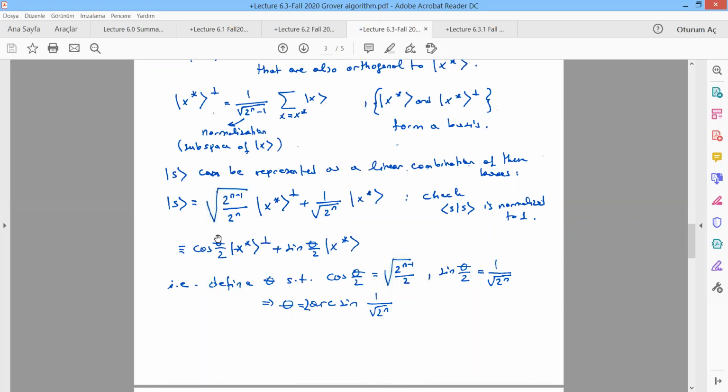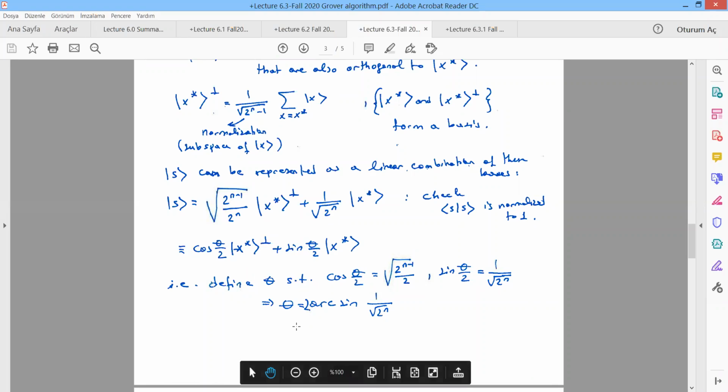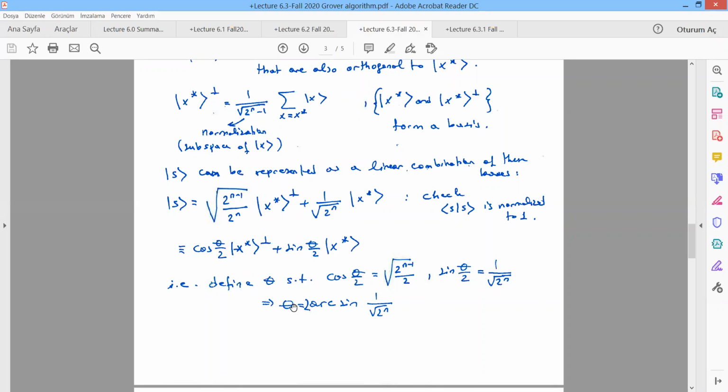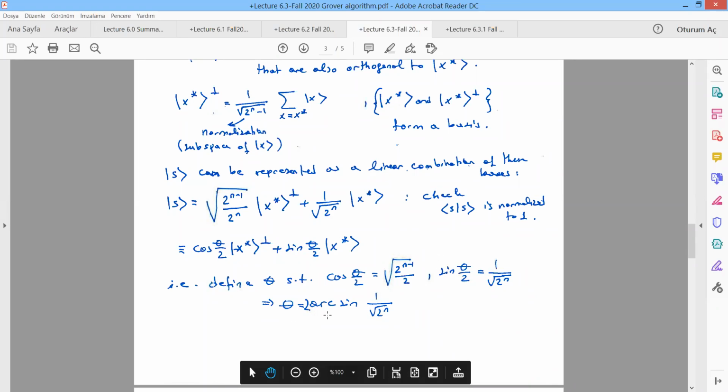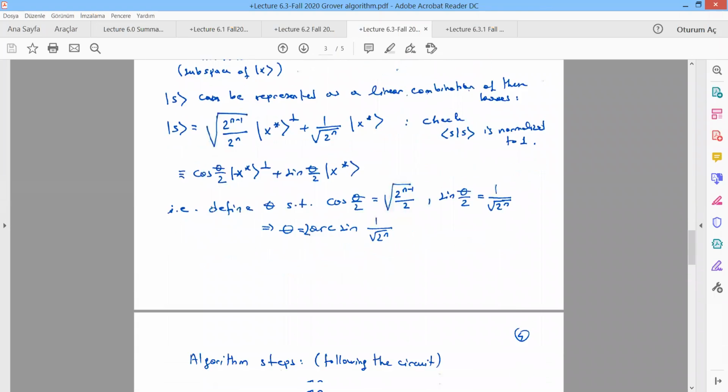We are redefining these coefficients in terms of cosine theta over 2 and sine theta over 2 because we are going to develop a geometric argument. You can also check that the length of |s⟩ is 1, because cosine squared theta over 2 plus sine squared theta over 2 equals 1. If you solve for theta, theta equals 2 times arc sine of 1 over square root of 2 to the n.